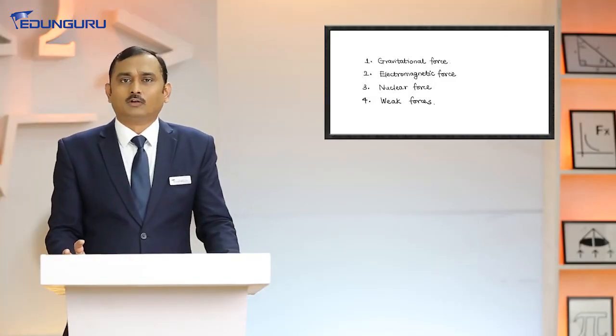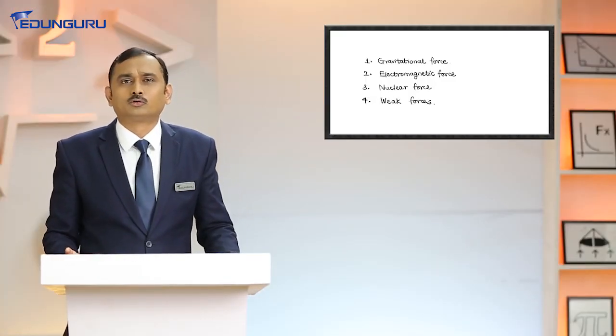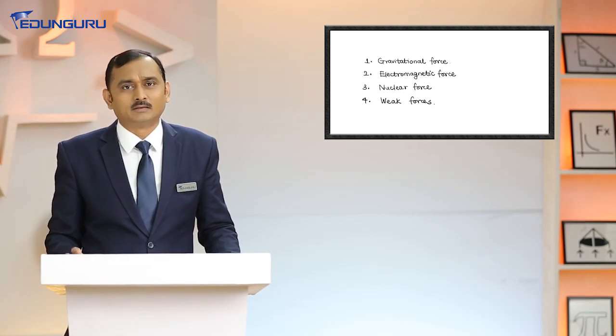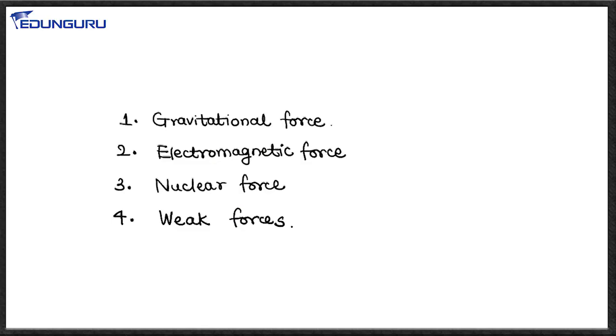The nuclear forces are very strong for a very small range, which is close to 10 to the power minus 15, minus 10 meters, right? And weak forces come into existence when we discuss reactions between protons, neutrons and electrons. So there come the weak forces, right?